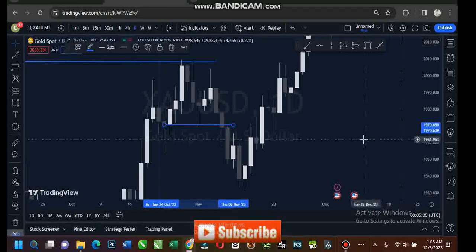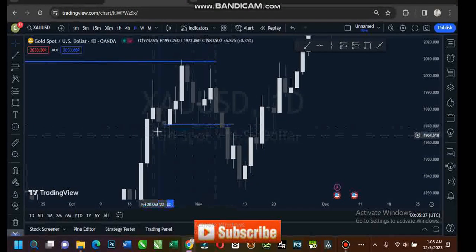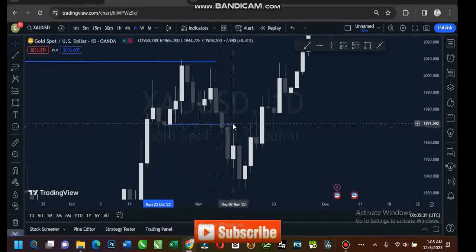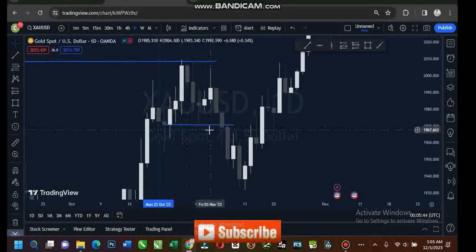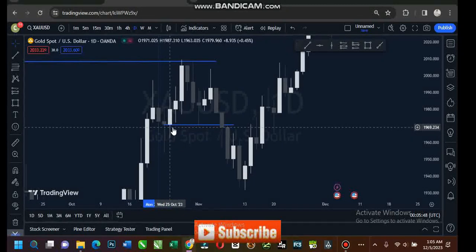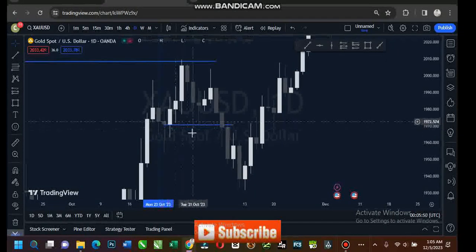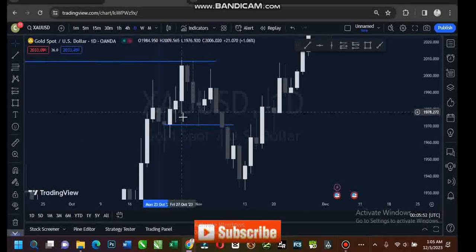So when the weekly became a bearish storyline, we look for our zones on the daily. I'm going to go into that in another video. So we start looking for our daily zone. So we have this zone right here.